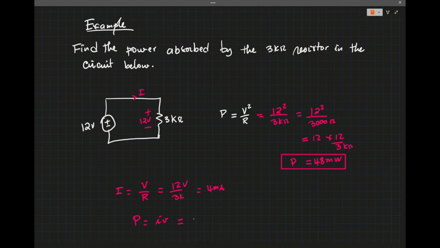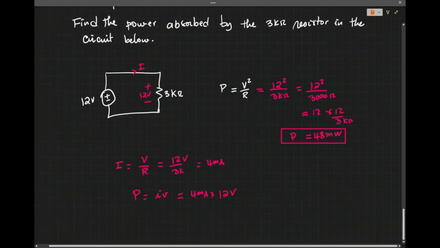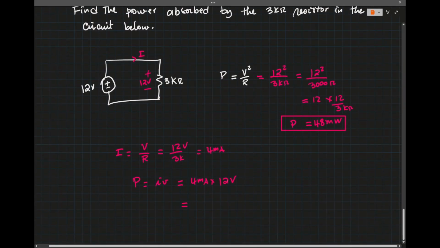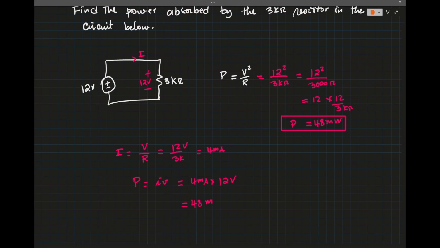So I, which is 4 milliamps, times the voltage, 12 volts. As you can see, 12 times 4 is 48 milliwatts still. So whether you calculate the power directly or calculate the current before calculating the power, you end up with the same result.